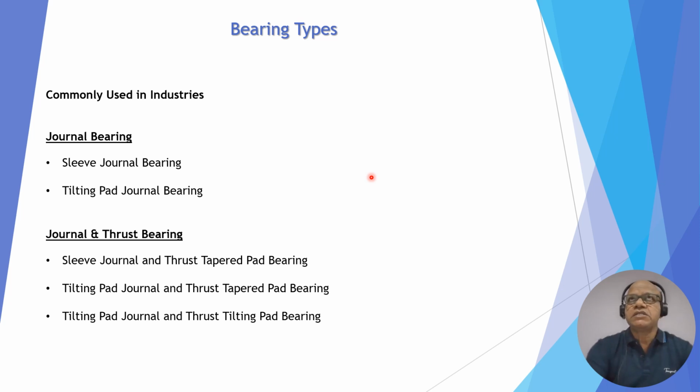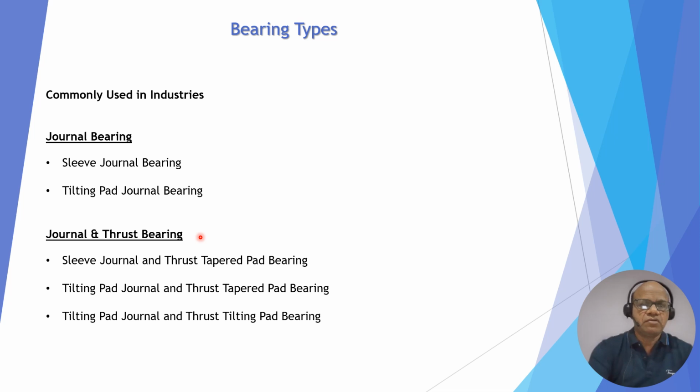In industries, bearings are commonly used in all turbo machinery. Bearings can be sleeve journal bearings and tilting pad journal bearings. The journal bearing type takes the radial load and can be a sleeve journal bearing or a tilting pad journal bearing.